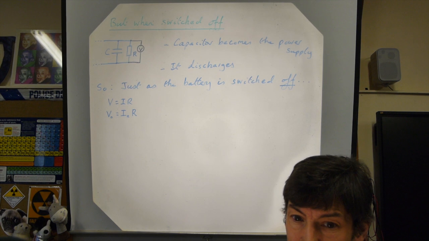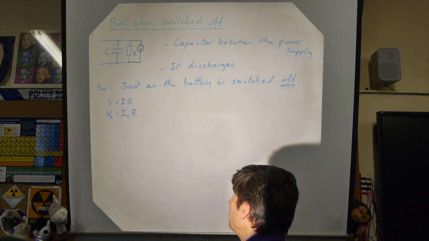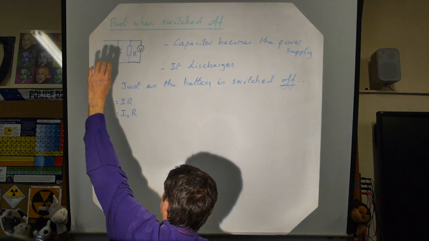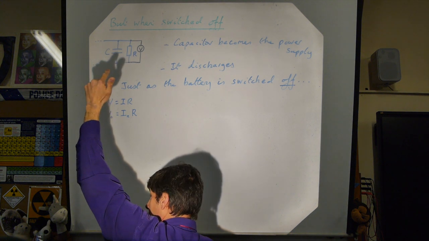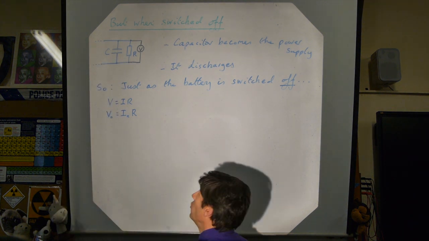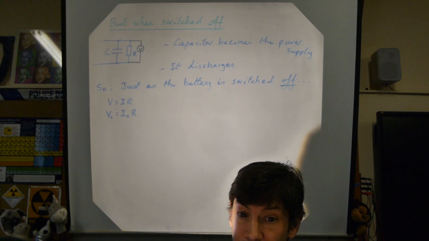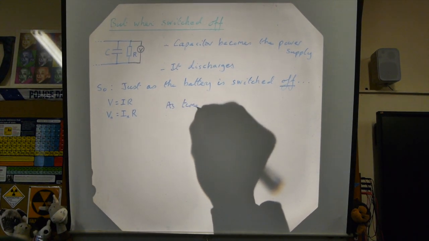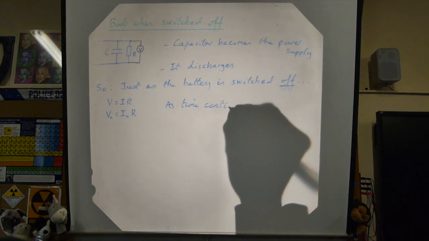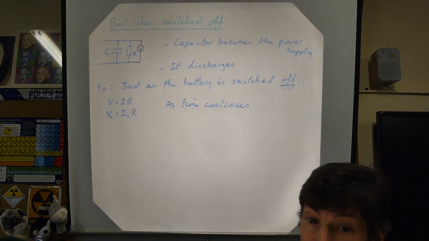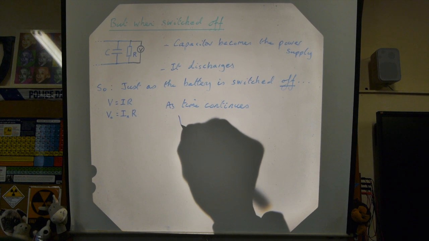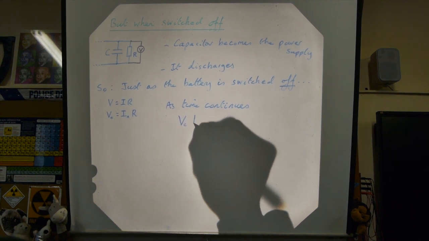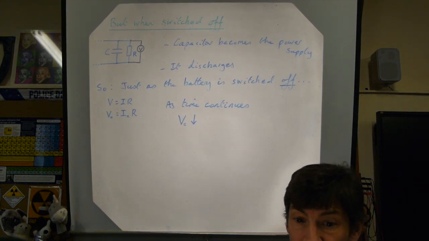But the problem is, as time ticks away, the capacitor will discharge, lose charge, and therefore will have a lower voltage on it. So as time continues, it's worth pointing out that the voltage on the capacitor will go down as it discharges.